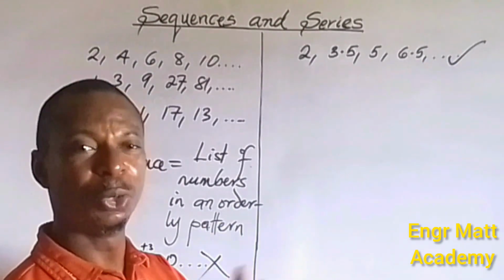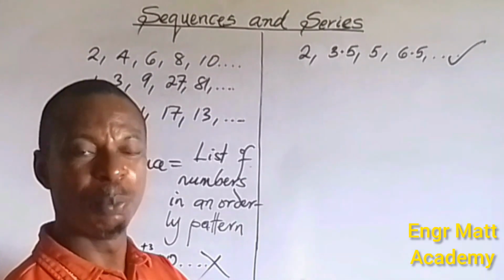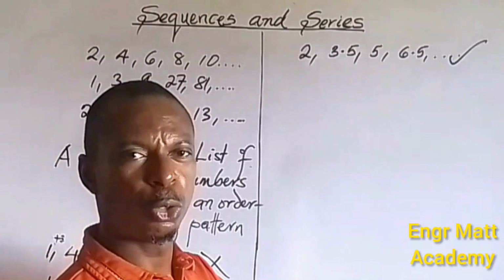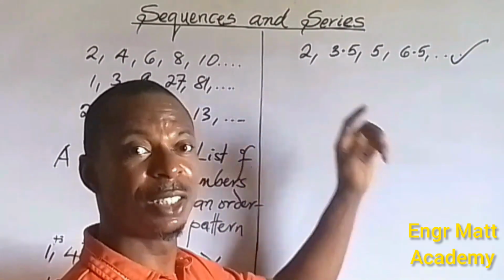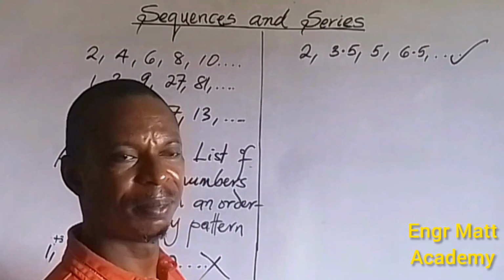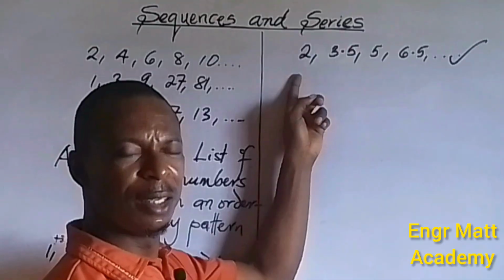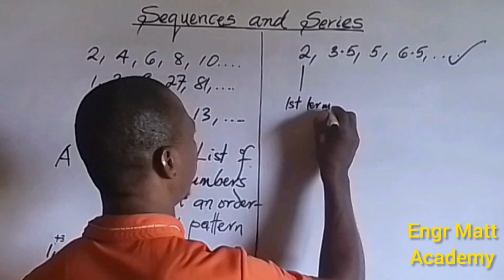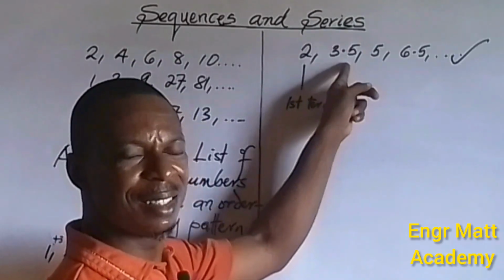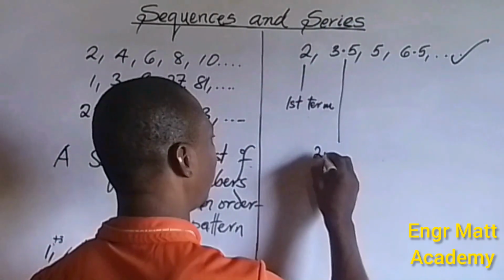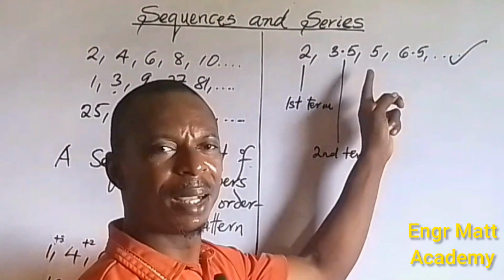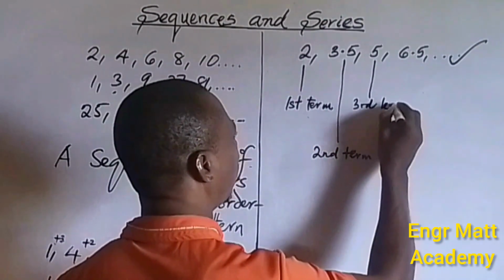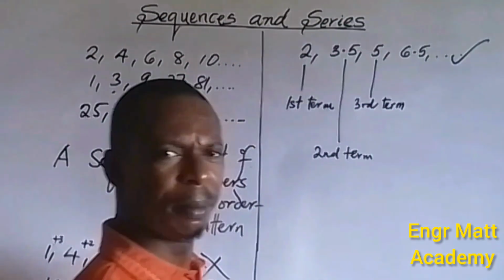Now, you know how to identify a sequence, but there is something else you need to know about sequences. You need to know that each number in a sequence is called a term. So the first number is called the first term. The second number is the second term. The third number, third term.